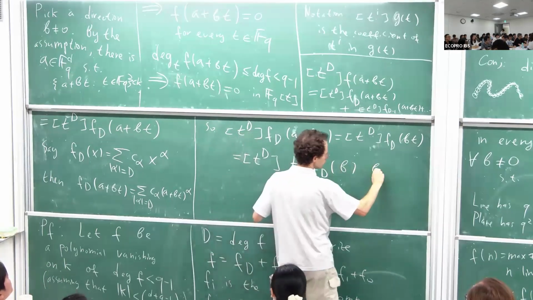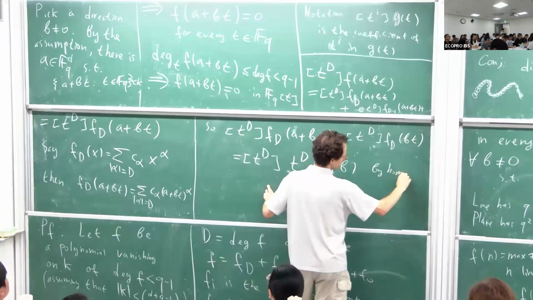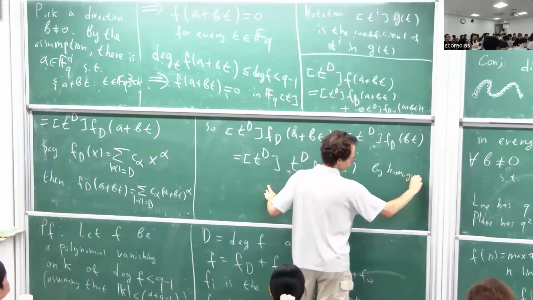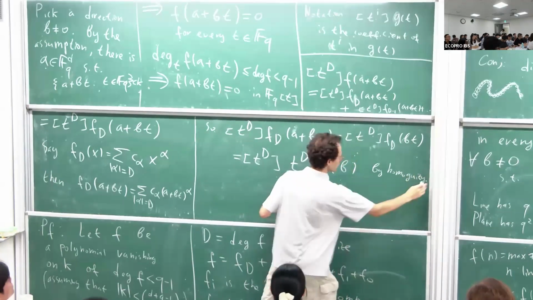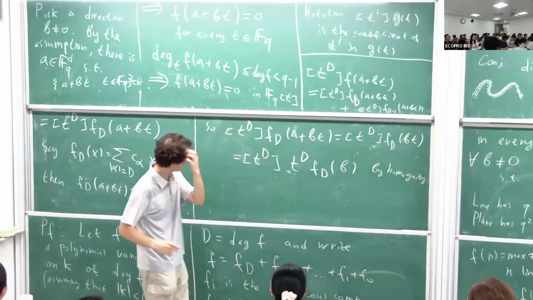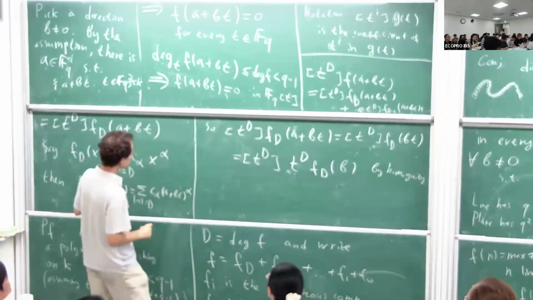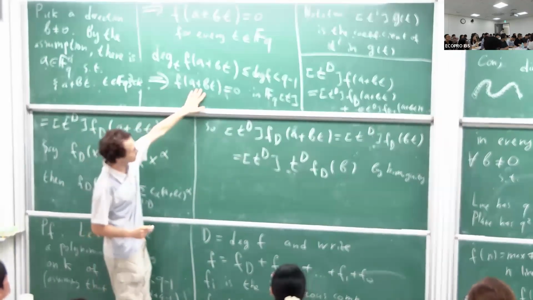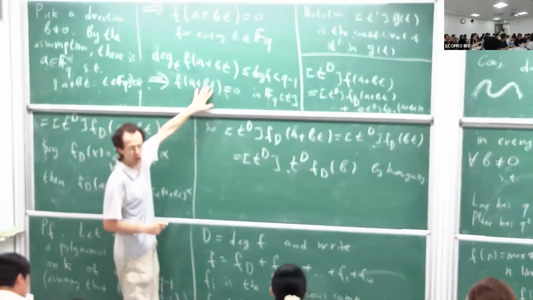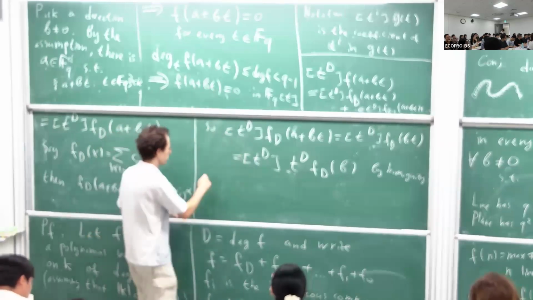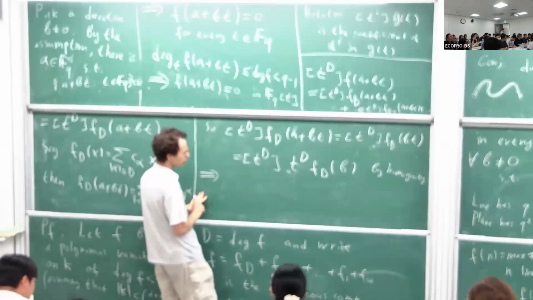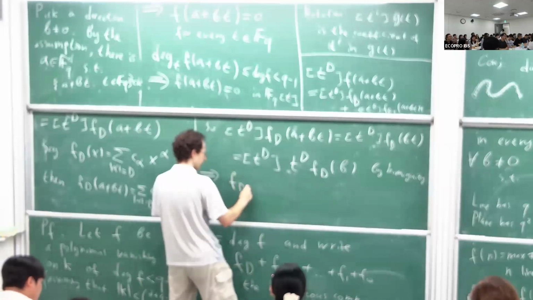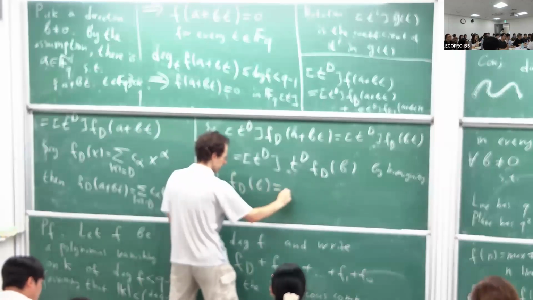This is by homogeneity. Now remember, this was 0, because this polynomial is the 0 polynomial. We are looking at a particular coefficient of a 0 polynomial, so it's 0. The conclusion is that this number is 0.